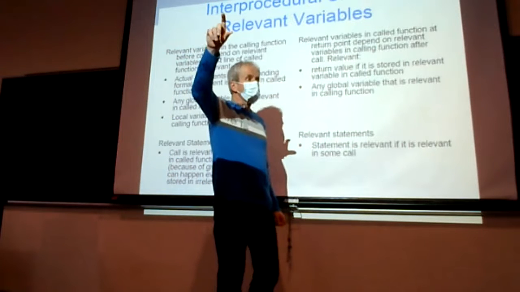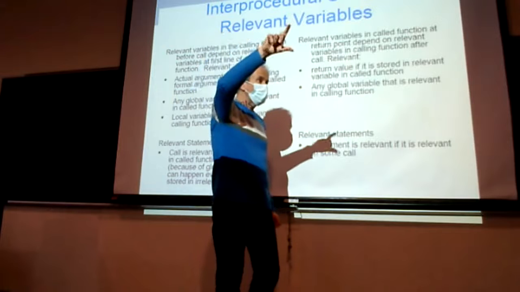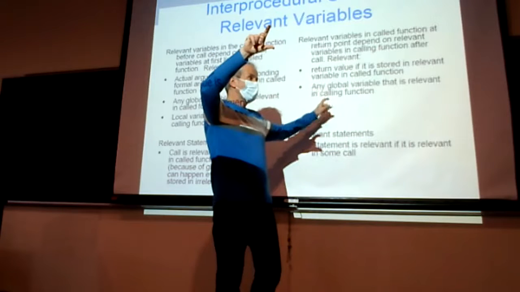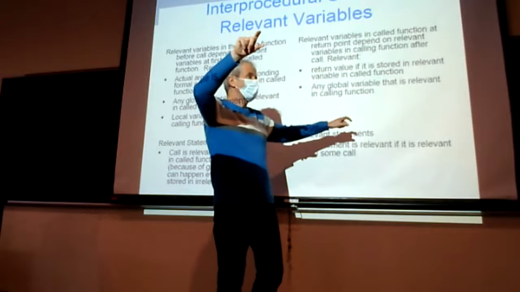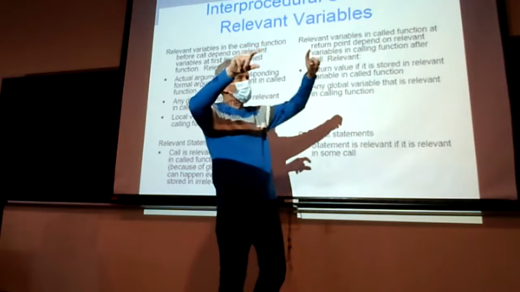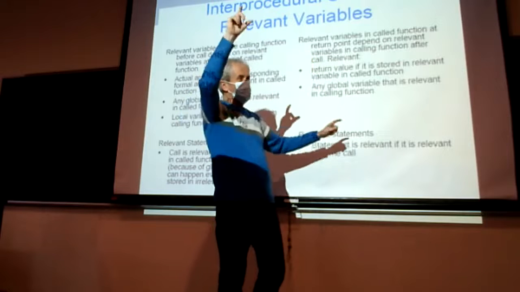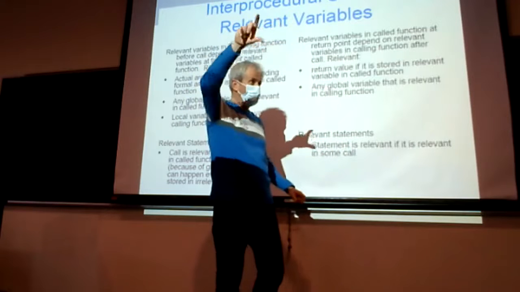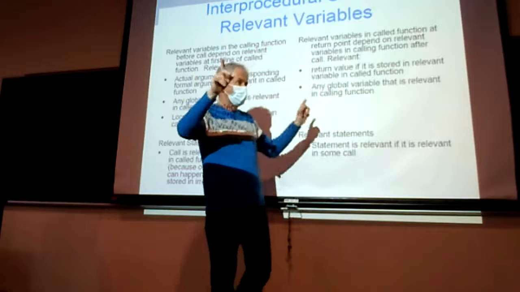If you have one statement in a function being relevant, the function has to be relevant and the call has to be relevant, right? So if you execute the program, it's easy. You call a function, and if something in the function is relevant, the function header or function body has to be included, but also the call.